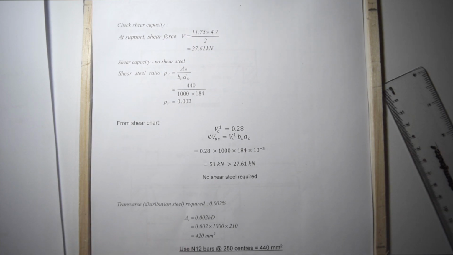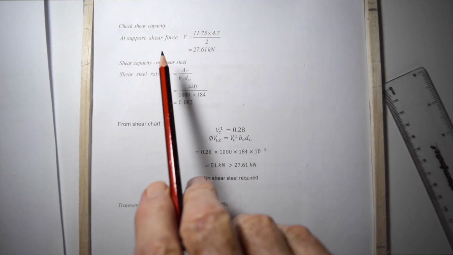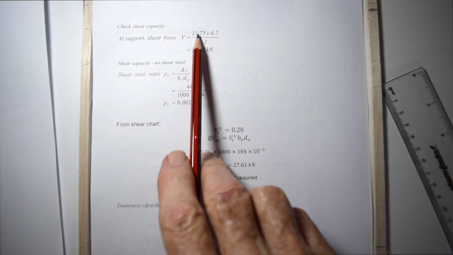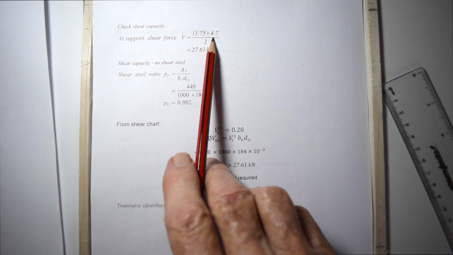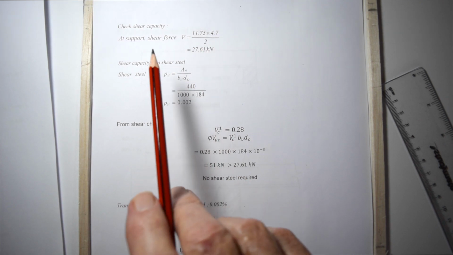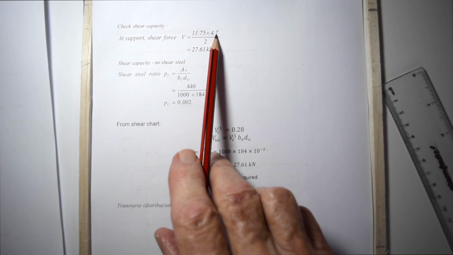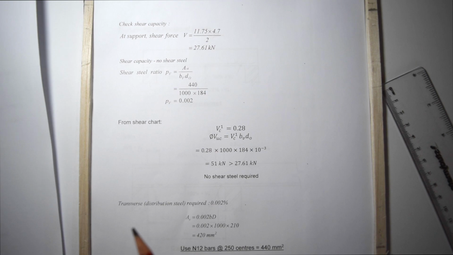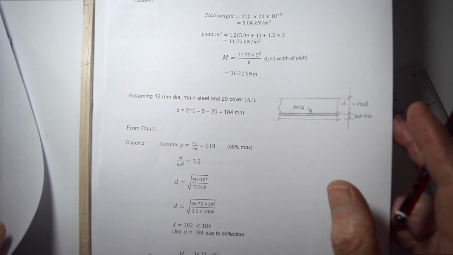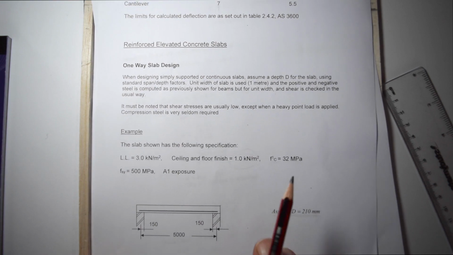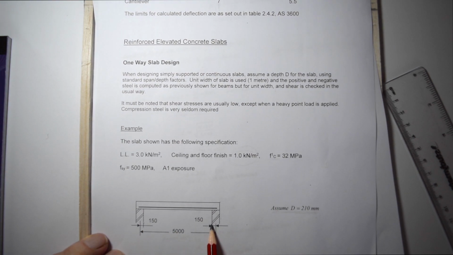We now can check our shear capacity. At the support, the shear force equals the total load multiplied by 4.7 over 2. That's the effective span inside the supports, often referred to as Ln.